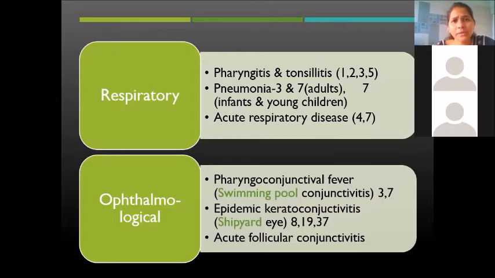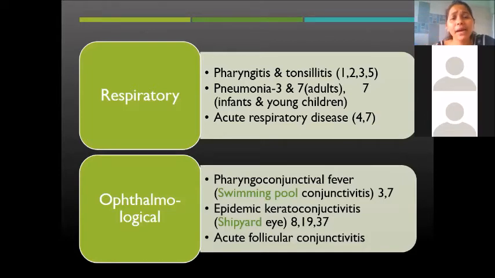Even acute respiratory disease or acute respiratory distress syndrome like condition is caused by 4 and 7. Then talking about the ophthalmic infection, it has two conditions. One is swimming pool conjunctivitis, that's also known as pharyngoconjunctival fever, caused by 3 and 7, same as that of pneumonia.